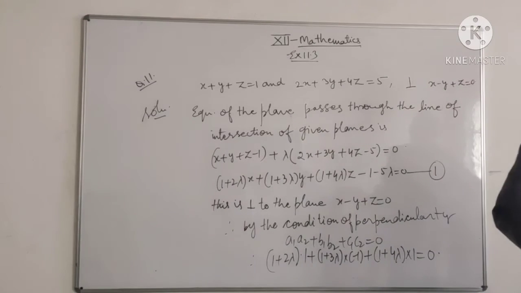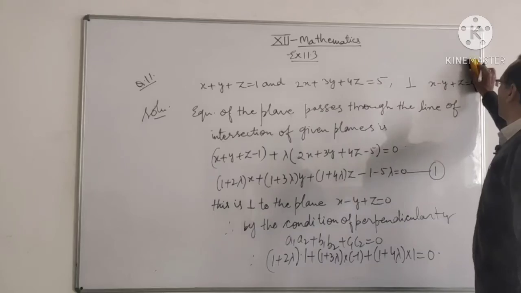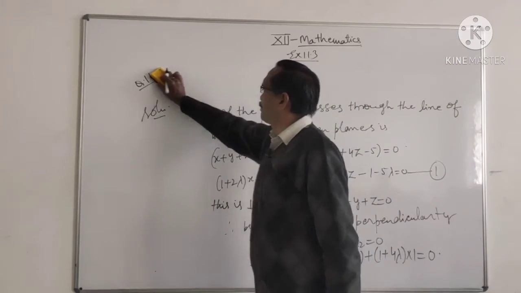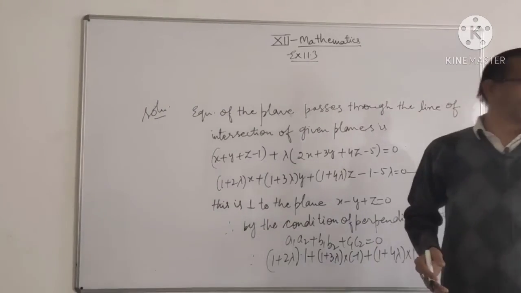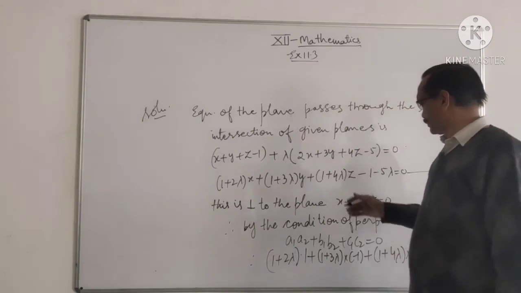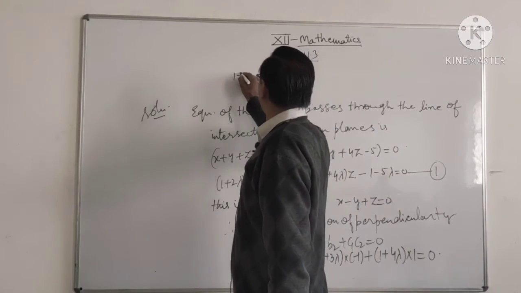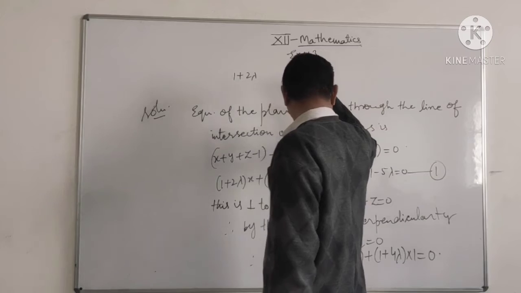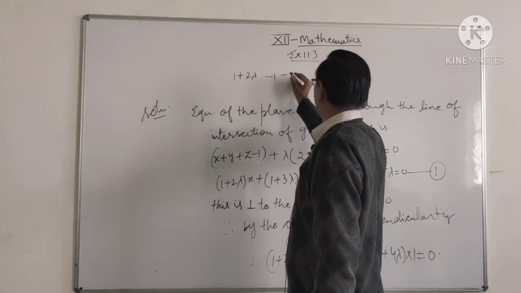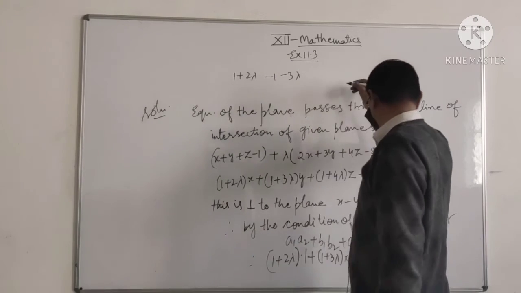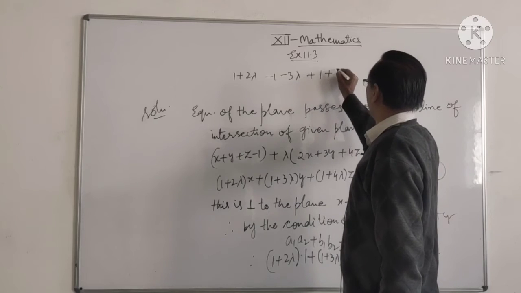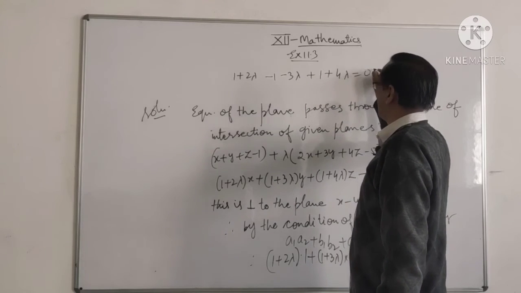From this, we will get the equation of plane. So it is 1 plus 2 lambda minus 1 minus 3 lambda plus 1 plus 4 lambda equal to 0.